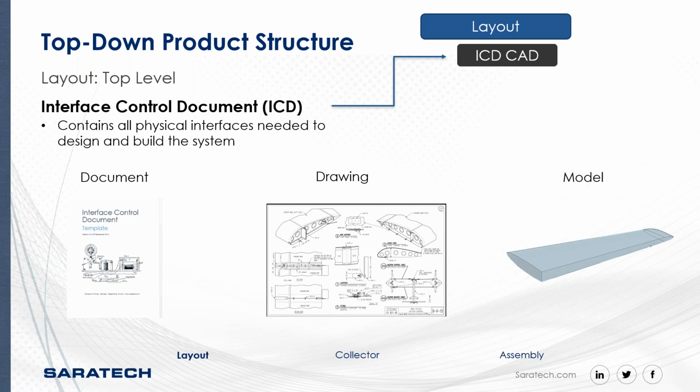So this can be the envelope model that's driven by your aero team or surfaces team. You can have that in this layout level. So the ICD in this case will contain all physical interfaces needed to design and build a system. So this is your bolt patterns, your envelope, your datums, things like that.